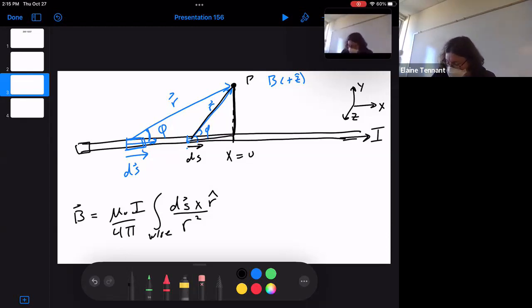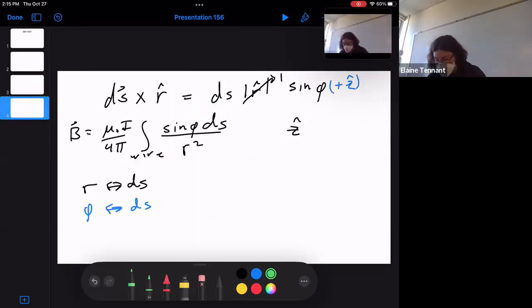No matter which ds I chose, would this distance, the distance in the y direction, the perpendicular distance between the point and my wire, would that ever change? Excellent. So no matter what triangle I chose, that would stay the same. So that's a convenient thing to start with.